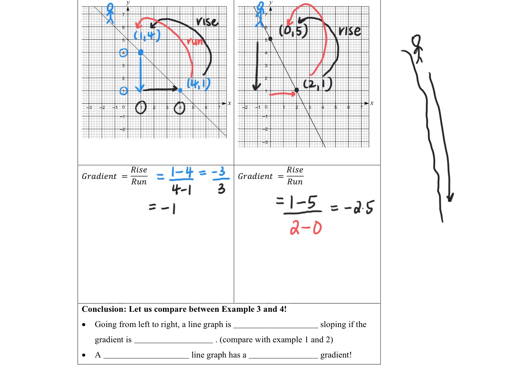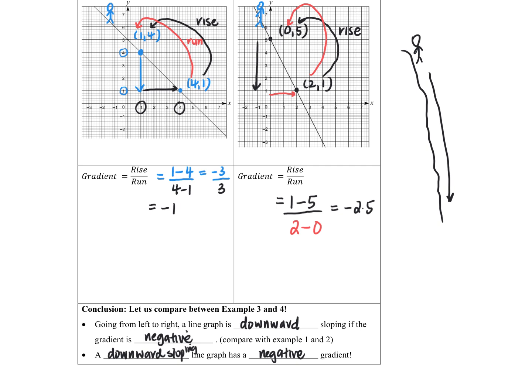So going from left to right, a graph is downward sloping if the gradient is negative. Or we can say a downward sloping graph has a negative gradient.